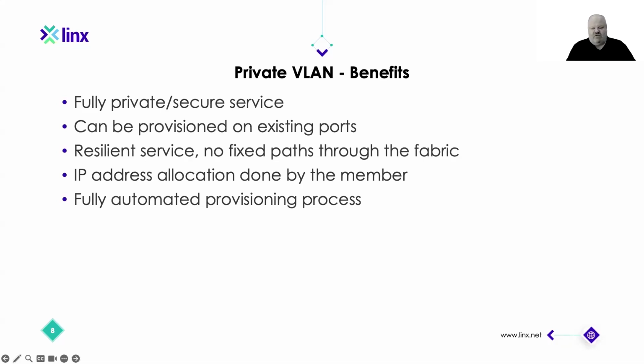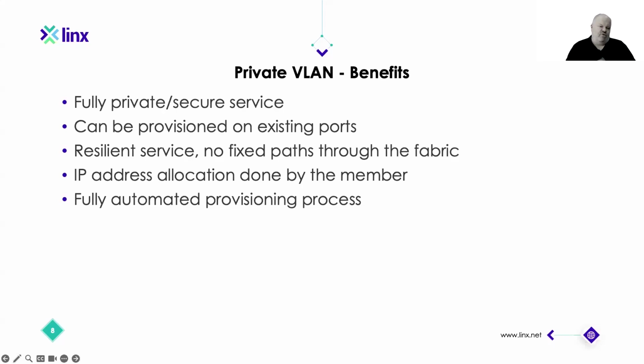You complete your end of the order. The order then goes into a hold status. The second member gets an invitation, is probably the best way to call it, to confirm that he wants to connect with you across that private VLAN.